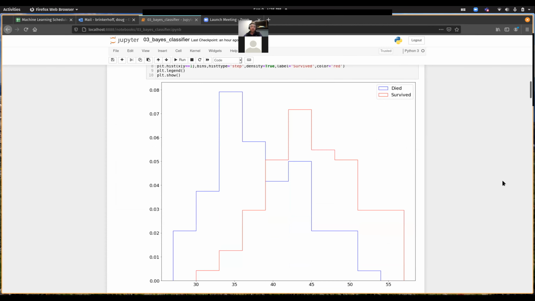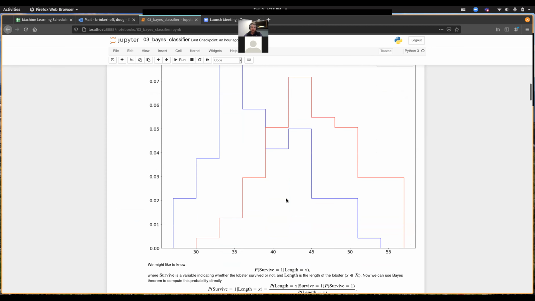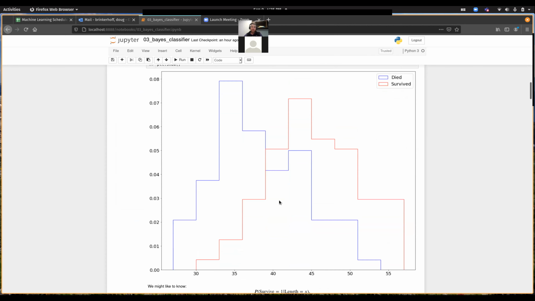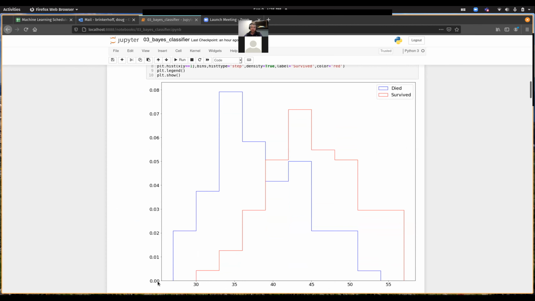If we plot histograms of these data sets, on the x-axis is the lobster length, spanning 25 centimeters up to 60 centimeters. 60 centimeters, pretty big lobster. And on the y-axis is the probability of survival as computed via histogram.